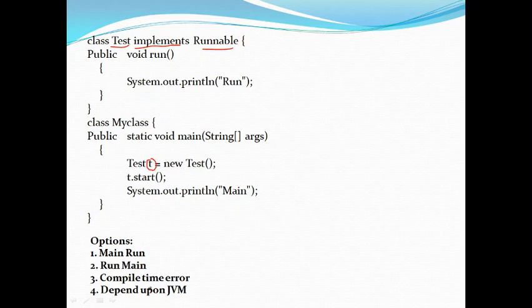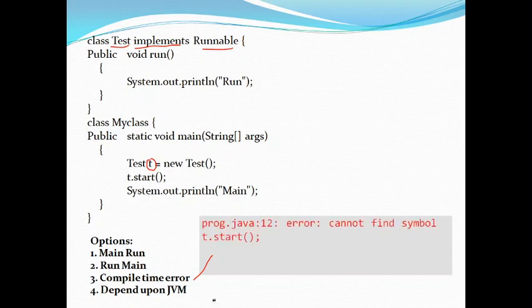What is your answer? If you think main run, run main, or depends upon JVM, it's purely wrong. The answer is compile time error. Why? Because my test class is implementing the Runnable interface, and the Runnable interface has only the abstract run method.